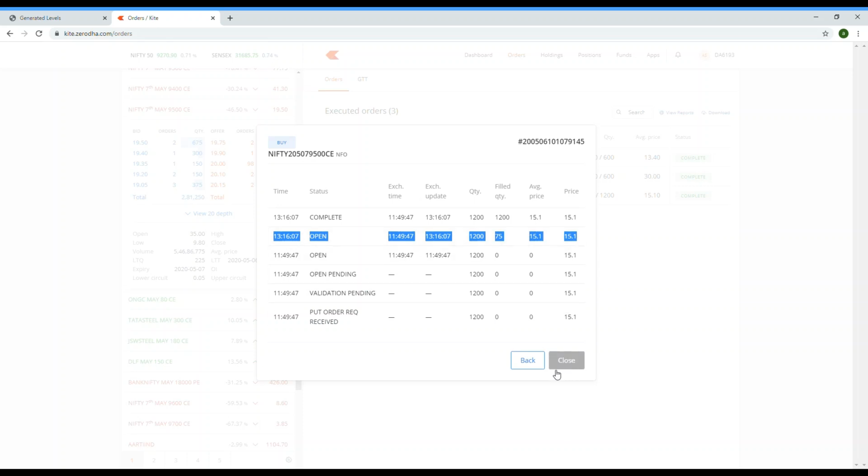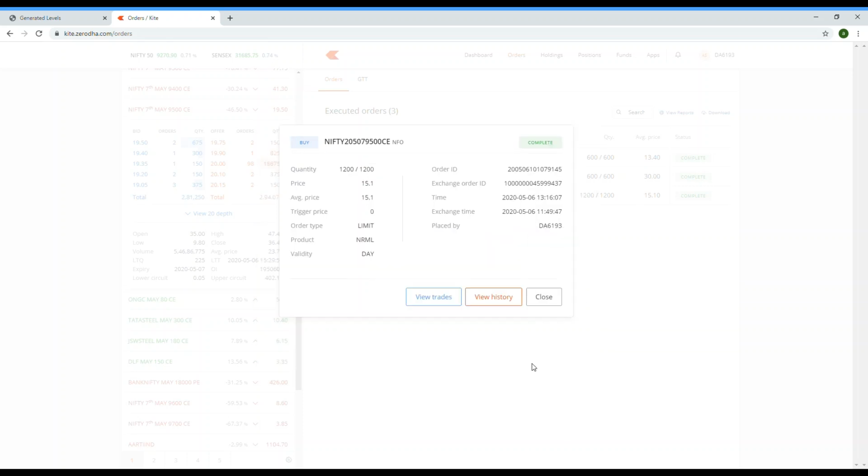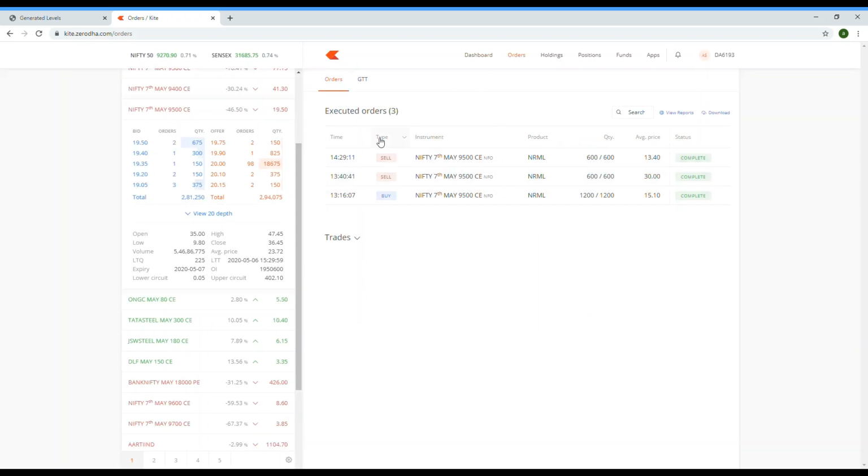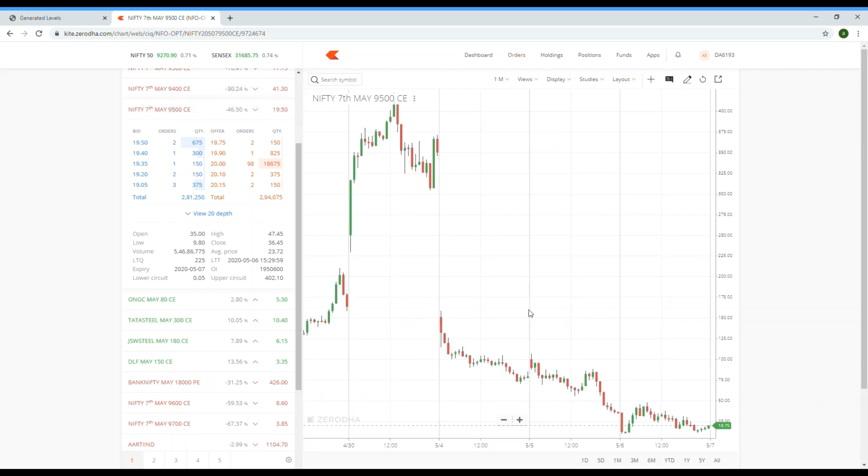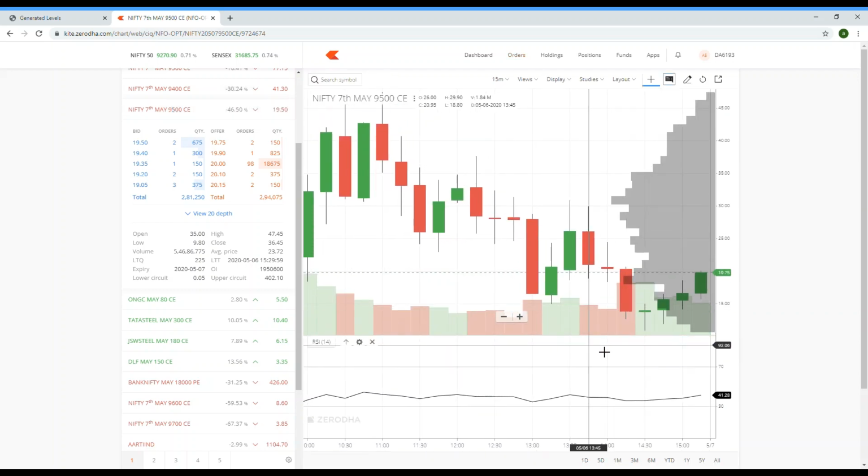Let me go back and show you the candle of 1:15 p.m. This is the 1 p.m. candle which ends at 1:15, and this is the candle which starts at 1:15 and ends at 1:30. In this candle, at 1:16 my order has been completed, which is filled.